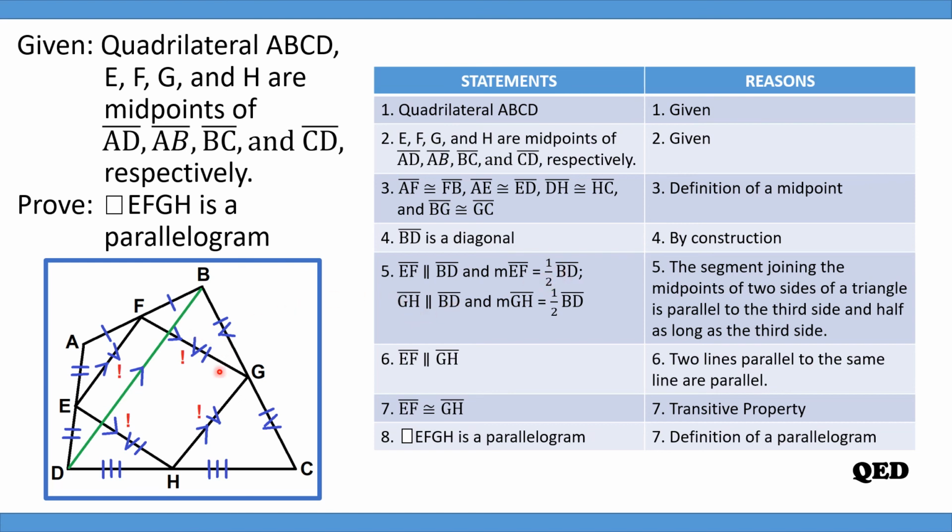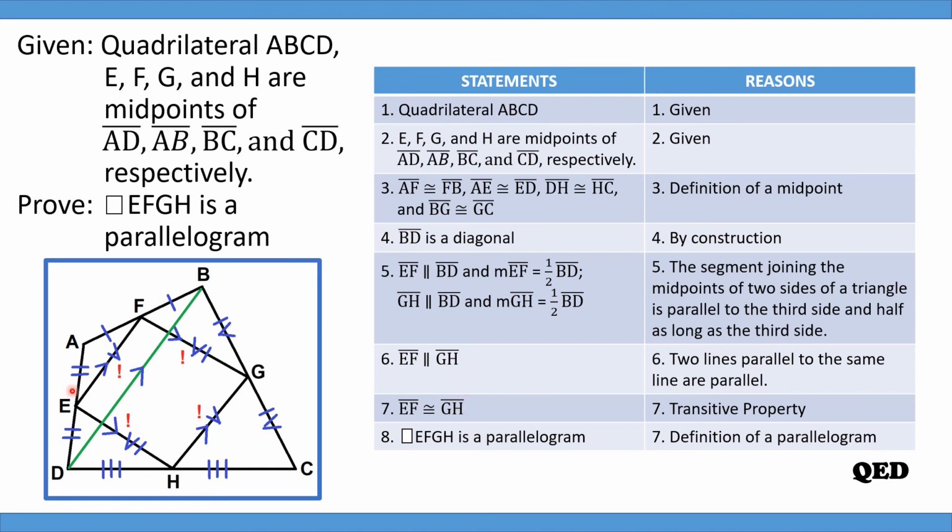Also, line segment GH is parallel to line segment BD, and the measure of line segment GH is 1/2 the measure of line segment BD. Again, I'm sorry, there should be a small letter M here. The reason is, the segment joining the midpoints of two sides of a triangle is parallel to the third side and half as long as the third side.